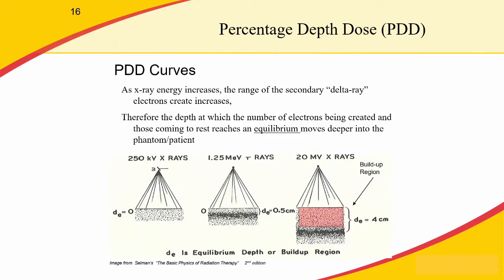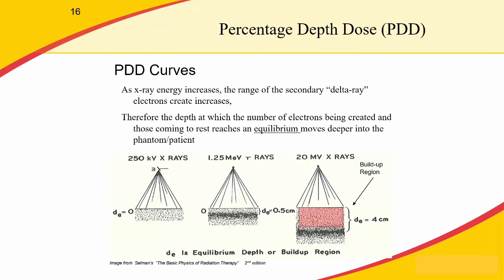You can see here, for our 250 kV orthovoltage X-rays, the range of those secondary electrons is very, very short, so they reach an equilibrium of being created and stopping very close to the surface. As you go to higher energy cobalt 60 gamma rays, you can see that the equilibrium where the number being created and the number stopping moves deeper into the patient.